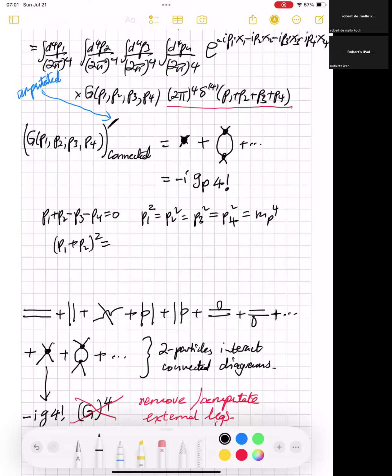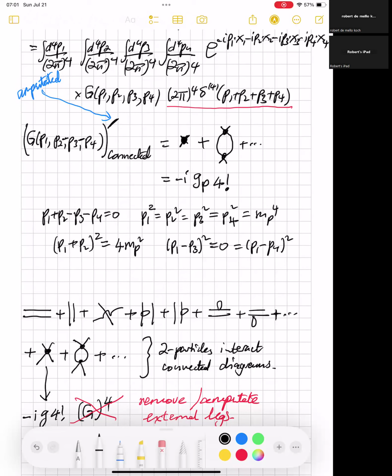Inside the Green's function here, I want P3 and P4 to be minus. And here I'll have P1 plus P2 squared equal to 4MP squared. And then I will have P1 minus P3 squared equal to 0, equal to P1 minus P4 squared.